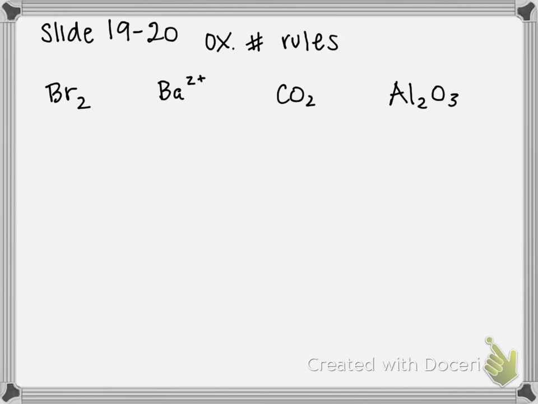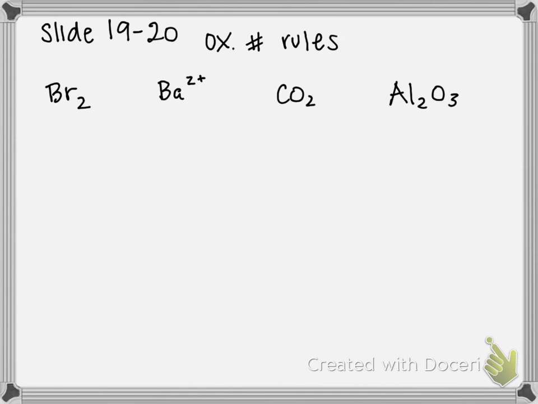So if we go back to slide 19, I have some elements and compounds written here for examples. Here we're just going to assign oxidation numbers to every element in the compound that's written. Our first compound is bromine, Br2.